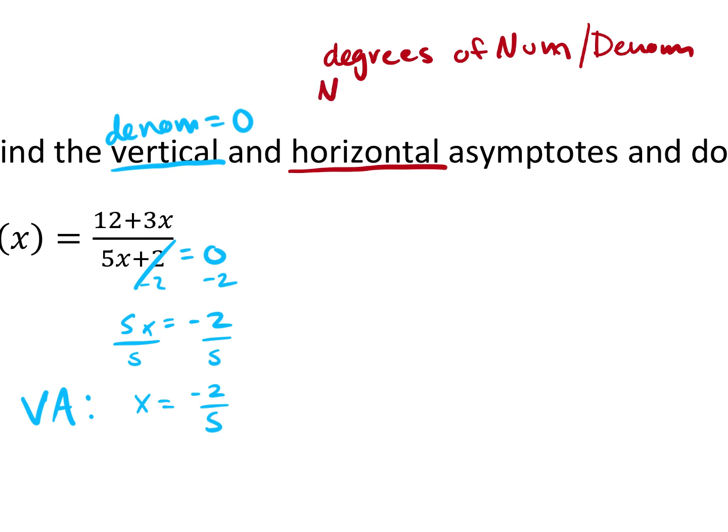If the degree of the numerator is greater than the degree of the denominator, then we have no horizontal asymptote. If the degree of the numerator is less than the degree of the denominator, then our horizontal asymptote is y equals 0. And if the degrees are the same, then we have to look at the coefficients.